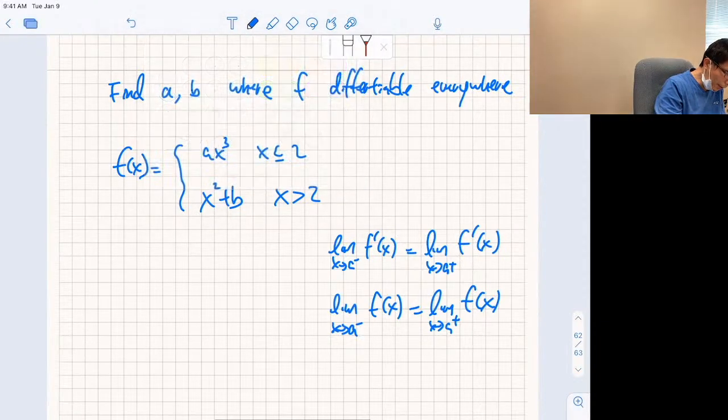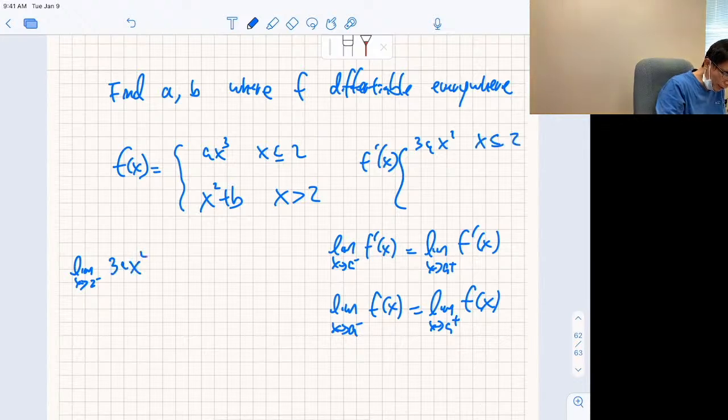And let's just say I have the limit as x approaches a, which is 2 from the left side. And I'm going to take a derivative of this, so f prime of x is going to be 3a x squared when x is less than 2. Does that make sense? So it'll be 3a x squared.